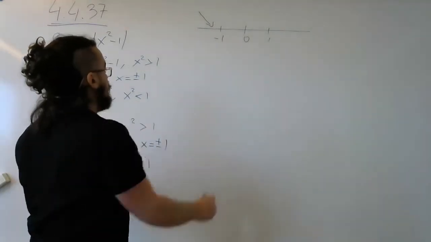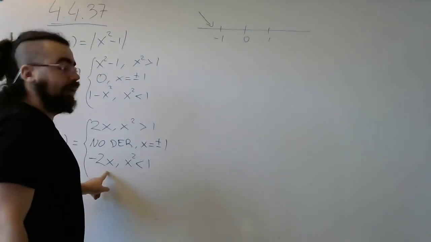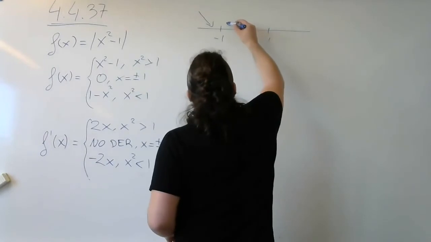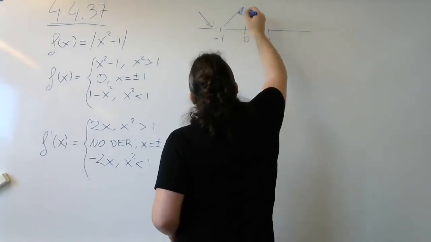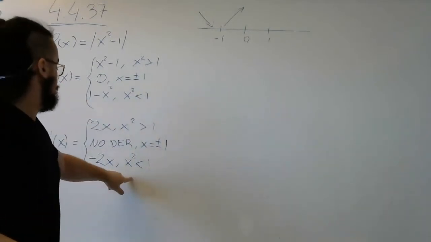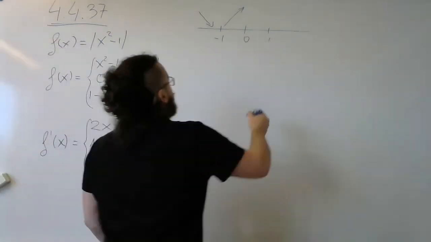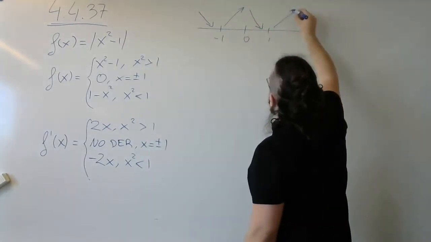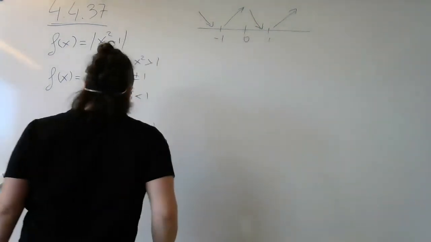Between minus 1 and 1, it's minus 2x. So if we are moving in negative amounts, this is positive. If we are moving in positive amounts, this thing is negative. And it's positive if x is greater or equal than 1.